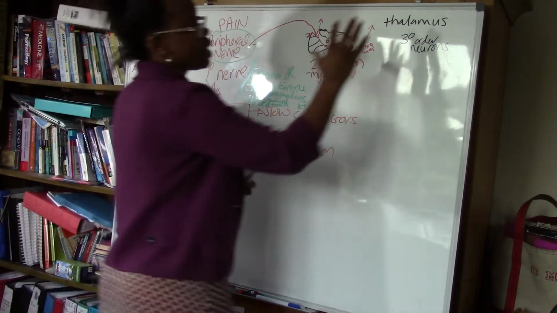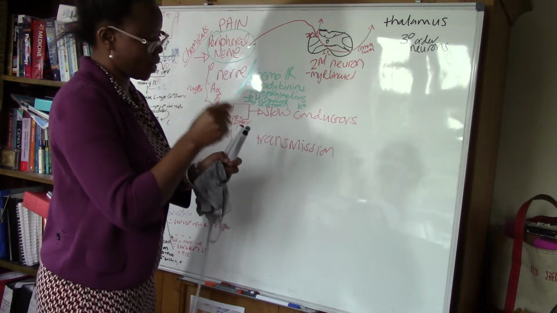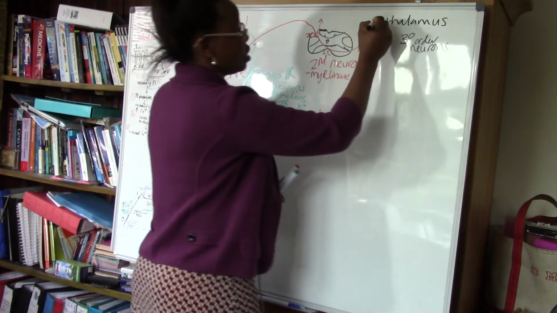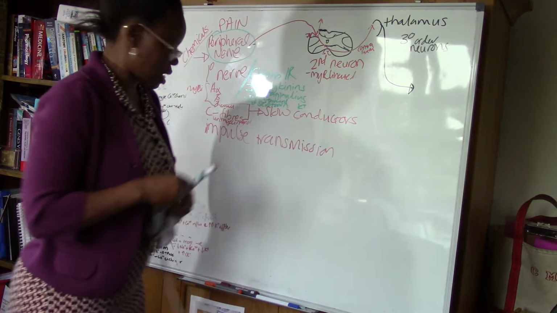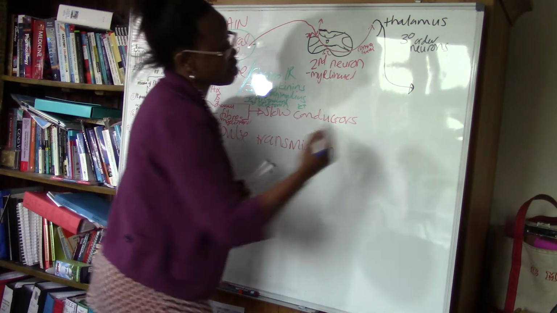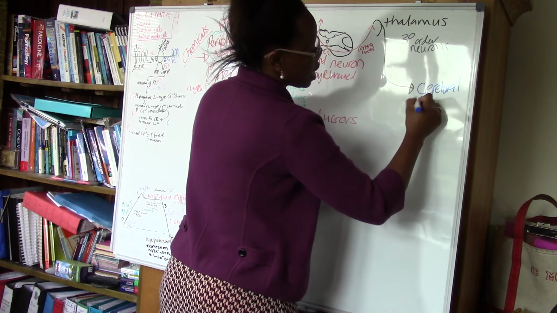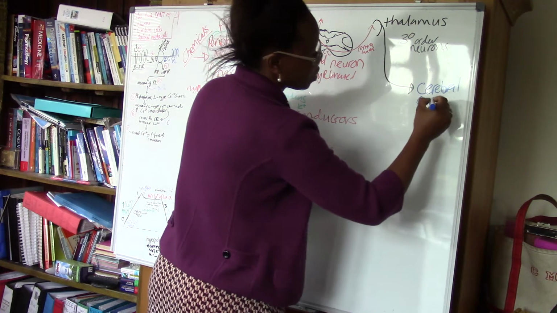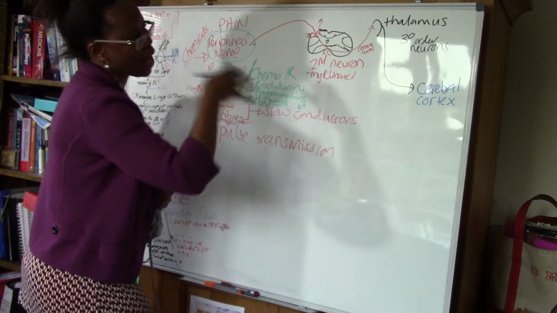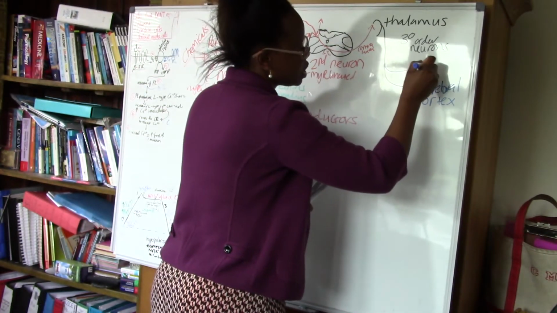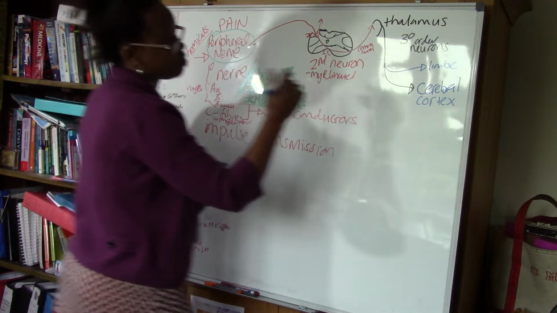And the neurons in the thalamus, that synapse occurs there, and it immediately transmits into the cerebral cortex, like the cortex of the parietal lobe, and it also transmits into the limbic system, which I didn't mention previously.